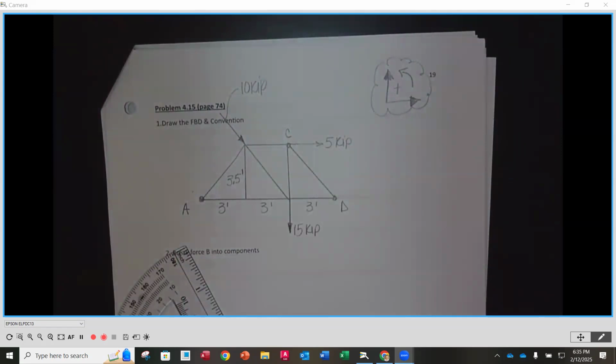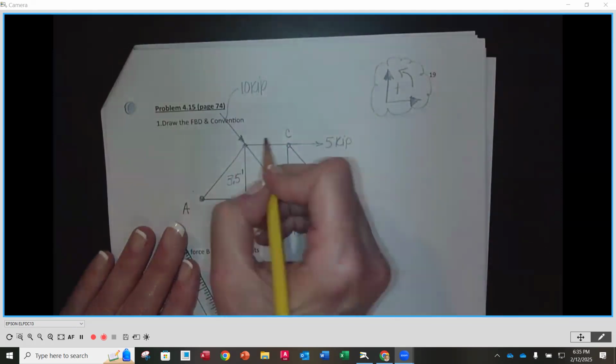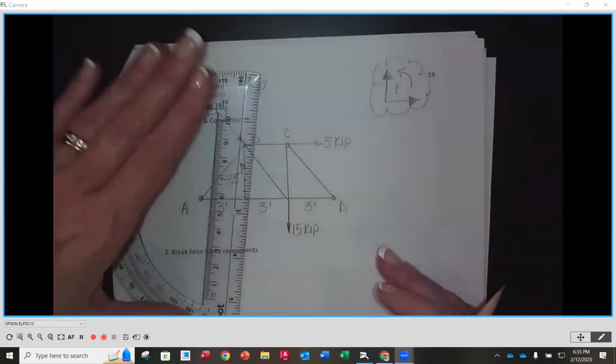Now we have one force that is at an angle, and that's that 10 kips in the upper left-hand corner at what would be point B. This is point B right here. So that means that it's going to have 2 components.